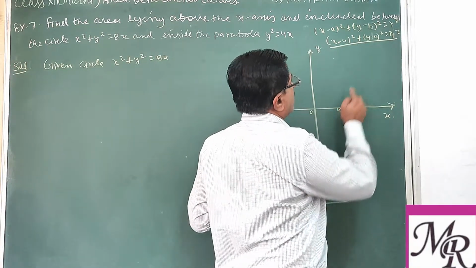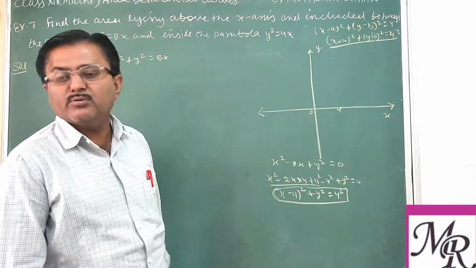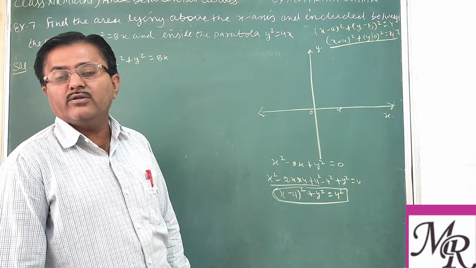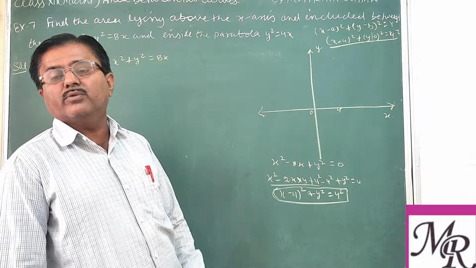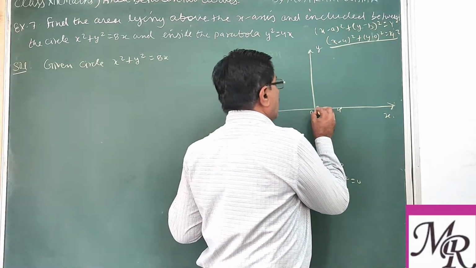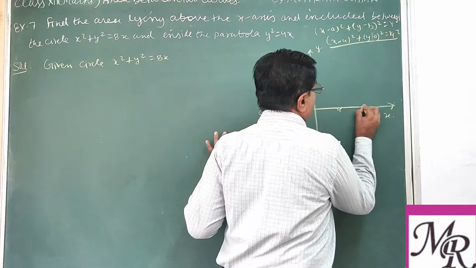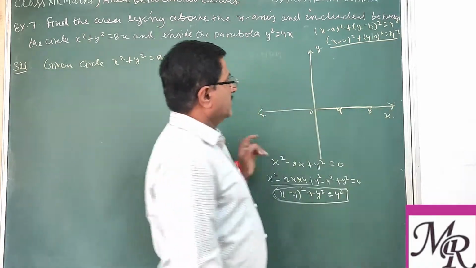So x = 4 but y is 0. So on the x-axis, the center of the circle lies on the x-axis at 4 units from the origin. This is clear. And also the radius is 4, so this is 4, that is total 8.